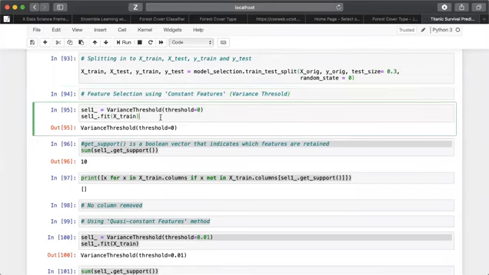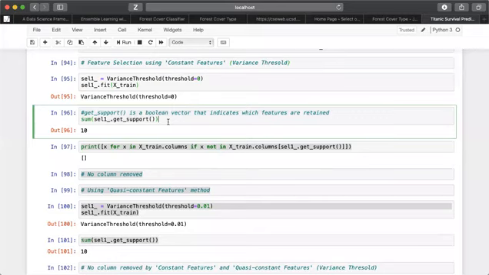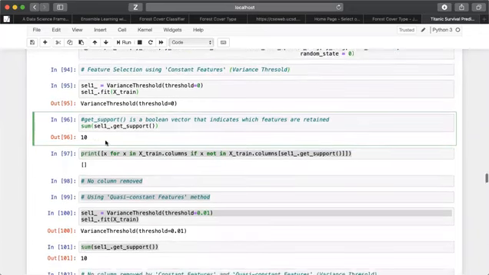I kept the threshold equal to 0 and fit it on x_train. When I got the get_support, we find that the 10 features are available. This constant features method has not recommended any feature to be removed.